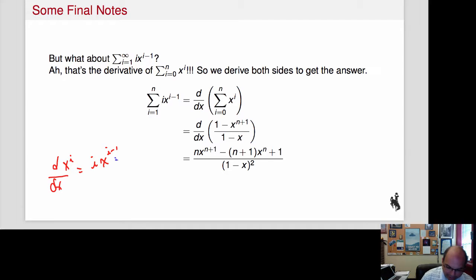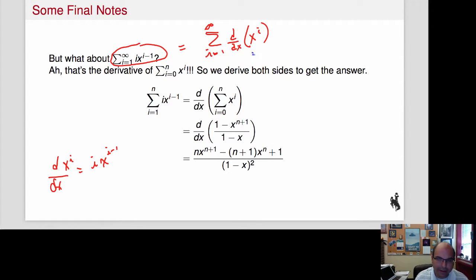So what I have is a sum of a whole bunch of derivatives. This is equal to the sum from i equals 1 to infinity of the derivative with respect to x of x to the i. Something that we know is that when you take the derivative of a sum, it's the same as the sum of the derivatives.